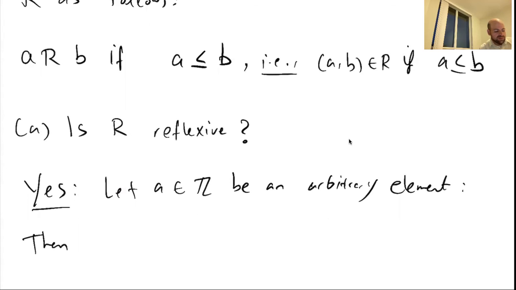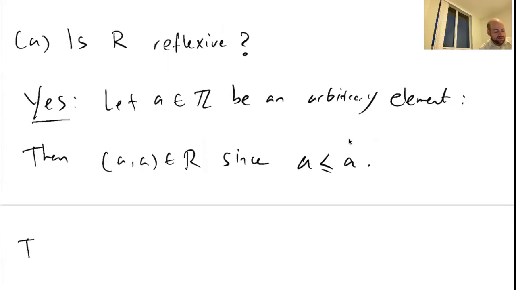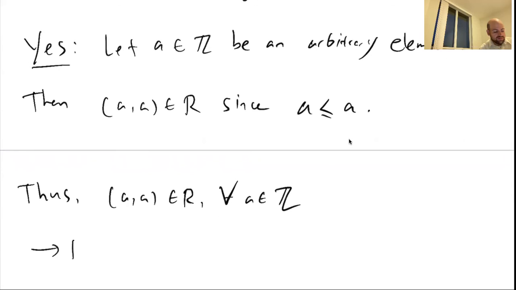Then (A, A) is in R, since A is less than or equal to A. Thus, (A, A) is in R for every A in Z. So that means R is reflexive.